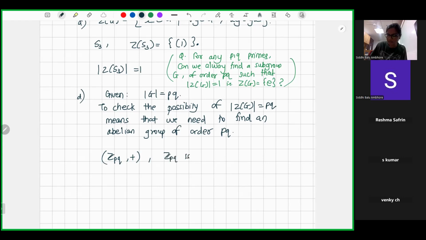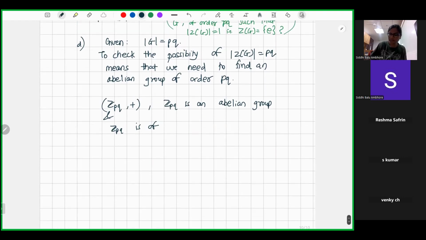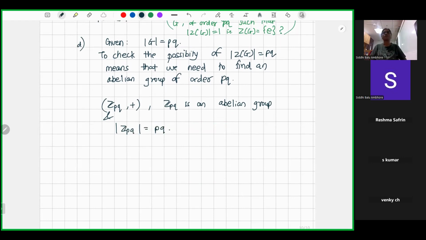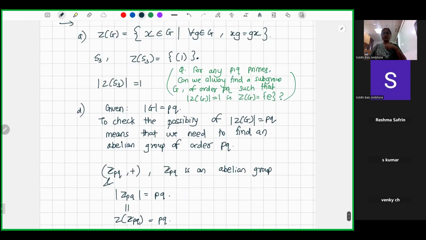ZPQ is an abelian group and the cardinality of ZPQ is PQ. Since it is abelian, the center of ZPQ will have cardinality PQ. So yes, this possibility is there.